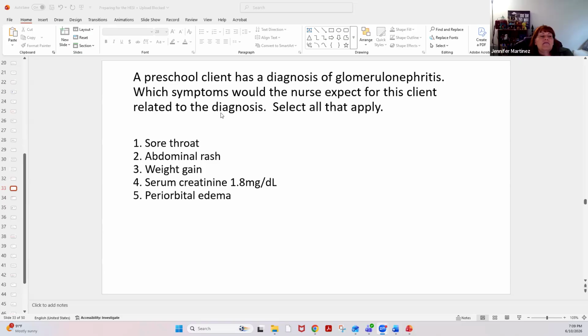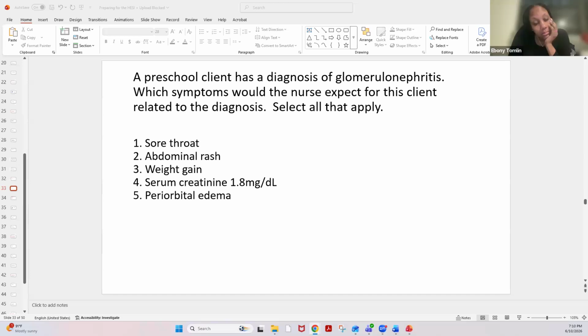So let's start with what is glomerulonephritis? It's an inflammation of the glomerulus of the kidney. What causes glomerulonephritis? A recent strep infection. Okay, a recent strep infection, most of the time. That's the key word.